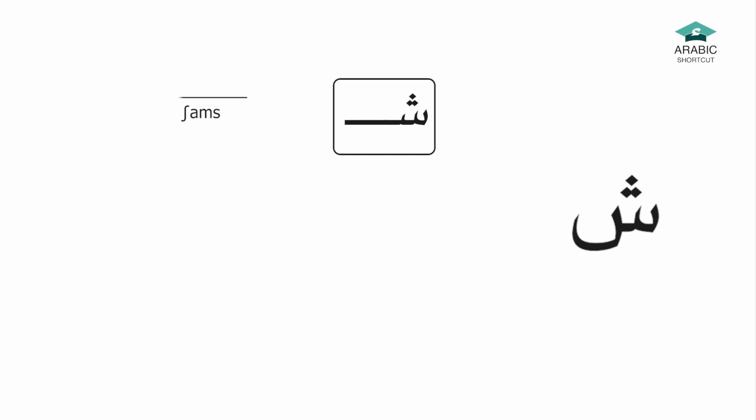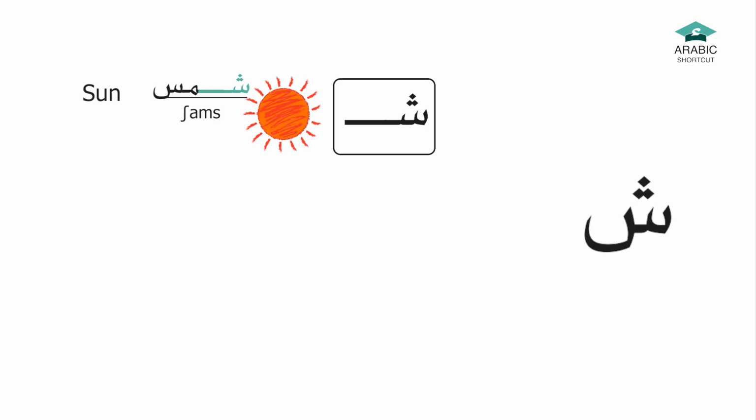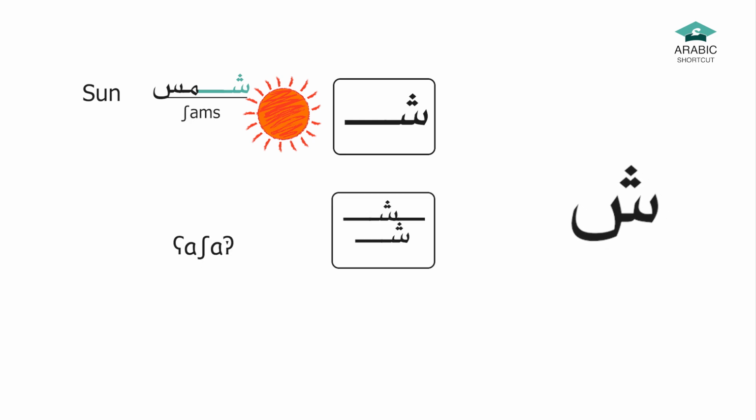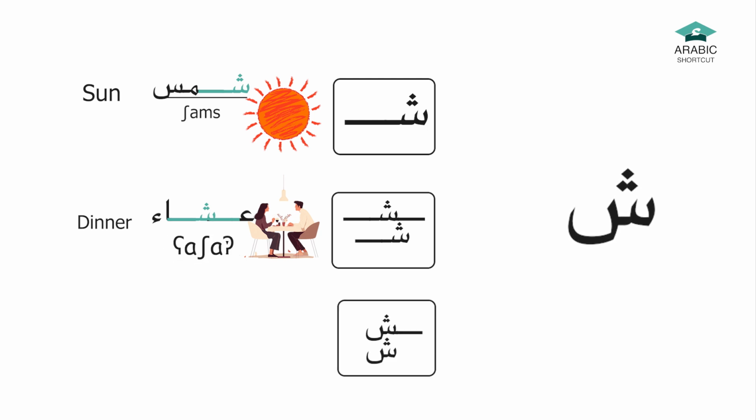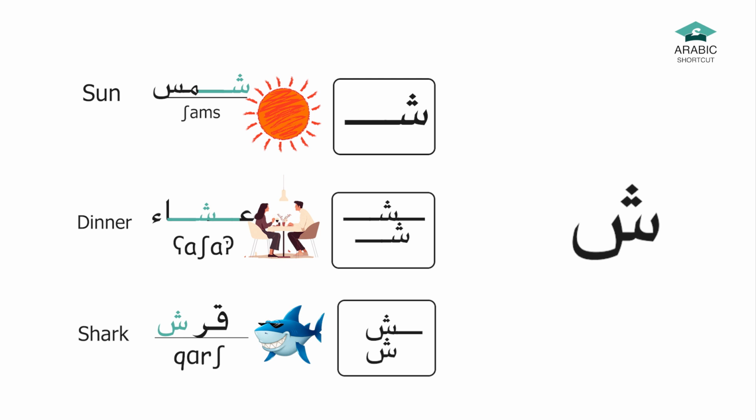Shams means sun. Asha means dinner. Qirsh means shark.